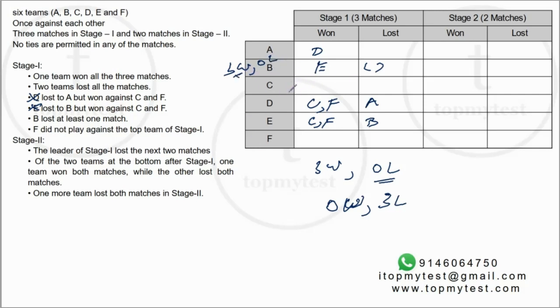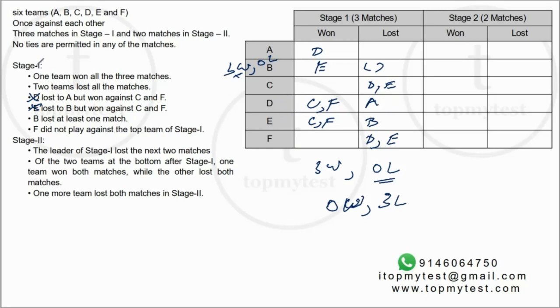Okay, let's look at C. C has lost against D as well as E. Similarly, F has also lost against D as well as E. So B cannot be the 3 wins, 0 losses team. C and F cannot be because they have both lost their 2 matches that we know of. And D and E also have lost 1 match each.